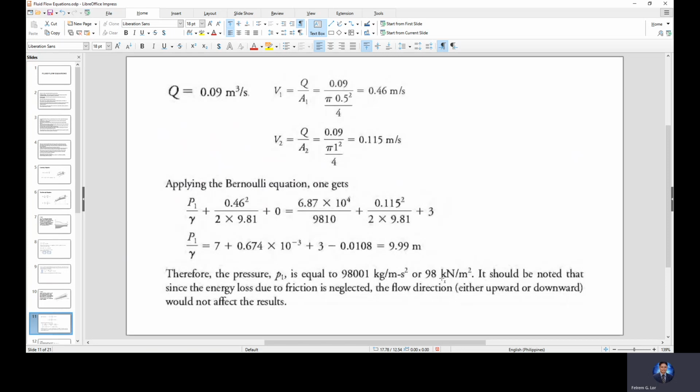That's 98 kilonewton per square meter, so 98 kilopascal. It should be noted that since the energy loss due to friction is neglected, the flow direction, either upward or downward, would not affect the result, because there is no friction between point 1 and point 2.